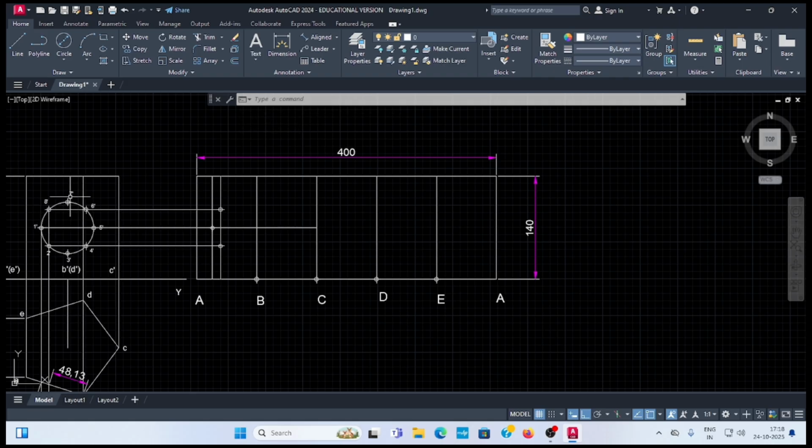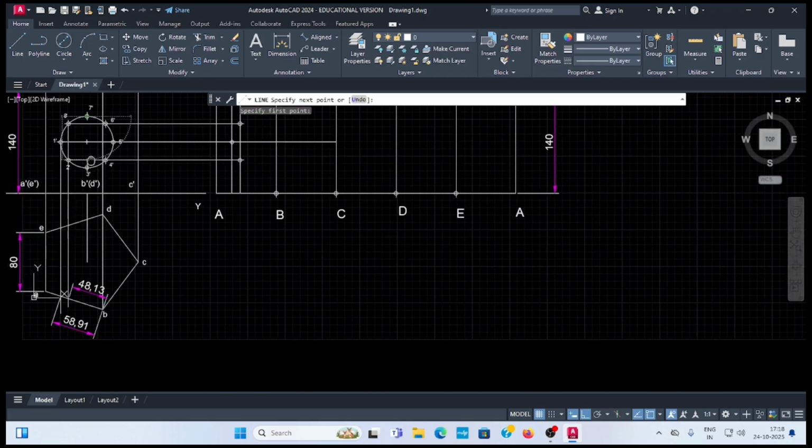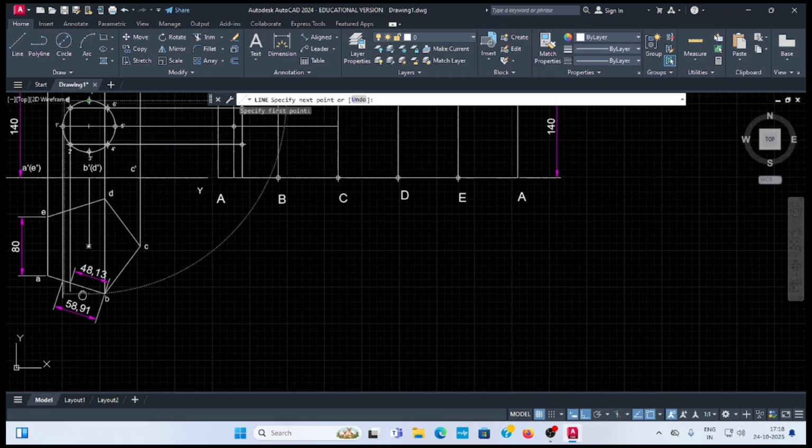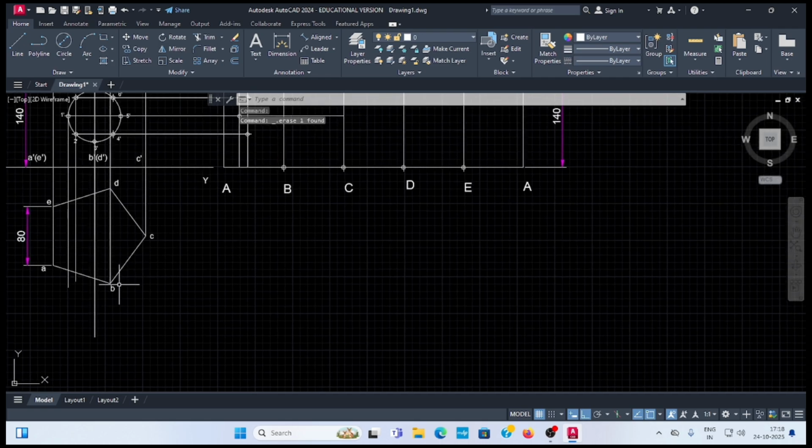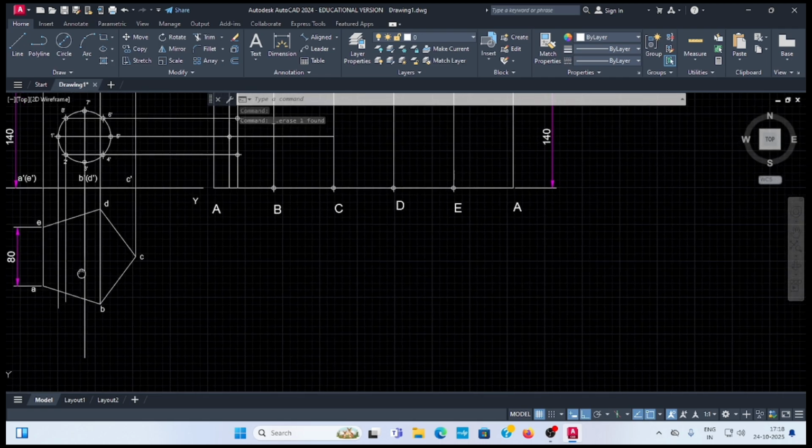Next, 7 dash and 3 dash. From the 7 dash you project, I delete this. Okay. From B to 7 dash and 8 dash, how much distance have I measured?